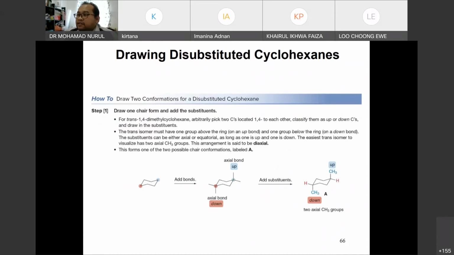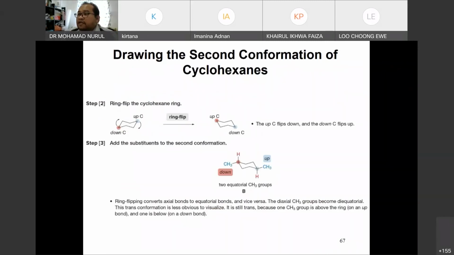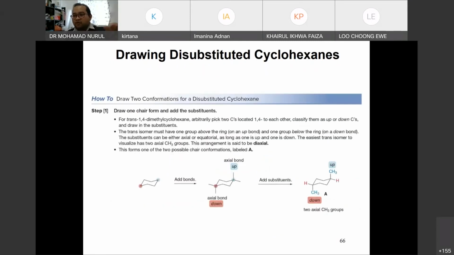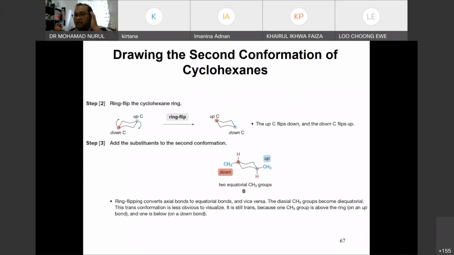For the trans isomer, you should have different angles. Second, flip the ring of cyclohexane, as we have done before. You have to draw the conformer: choose conformer A first, put the substituents correctly, and after that draw conformer B, whether you pull the ring up or down.